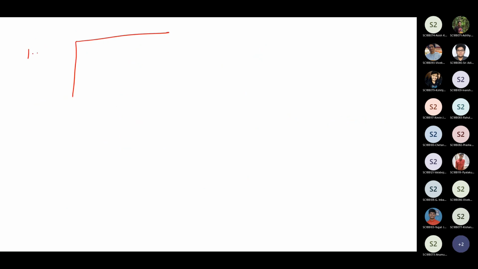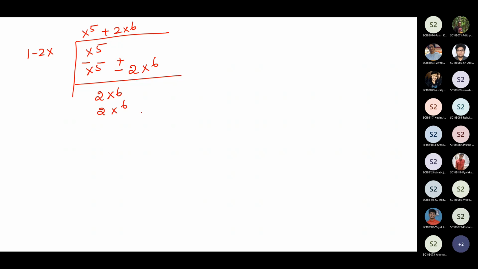So it is 1 minus 2x, into x power 5. First we multiply by x power 5, so we get minus 2x power 6. Here it is minus plus, so it is 2x power 6, then 2x power 6 minus 4x power 7.